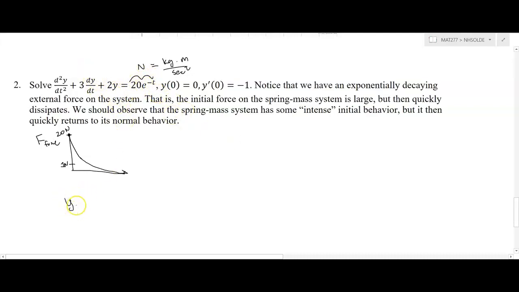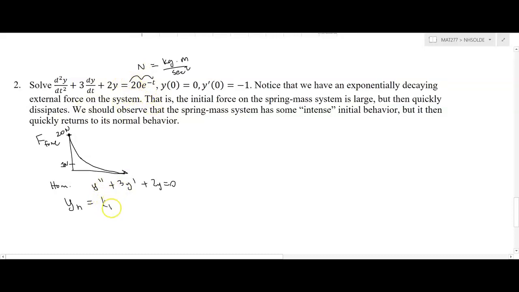Okay, now we already know y sub h, so we're not going to derive that again, because y sub h is just the solution to the homogeneous equation y double prime plus 3y prime plus 2y equals 0, and we solved for that up above. The only difference between these two equations is the non-homogeneous forcing function.